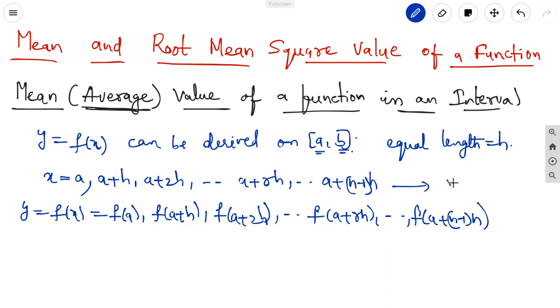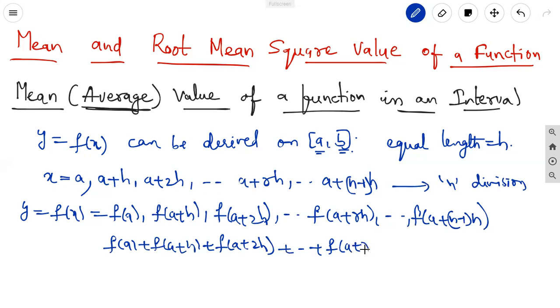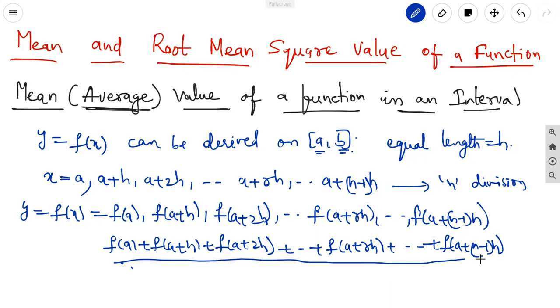Total how many? N divisions. So the mean of this function is nothing but f of a plus f of a plus h plus f of a plus 2h plus so on plus f of a plus rh plus so on plus f of a plus n minus 1 into h, divided by n, is equal to the mean of the function.